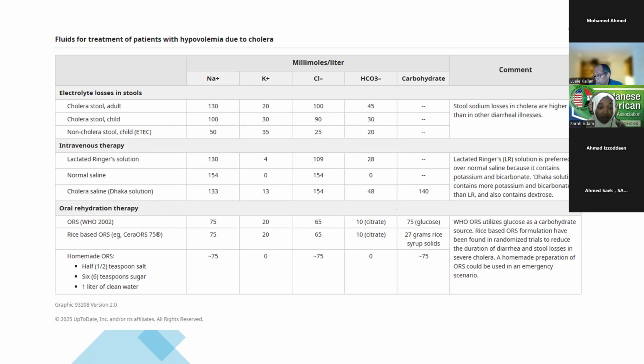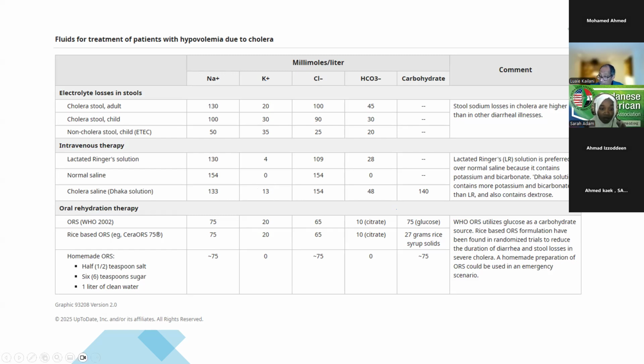And similarly, there is a locally made normal saline called cholera saline. It's mostly used in Asia, and I'm not sure of the availability, but it's called Dhaka solution, and it has a high concentration of sodium.